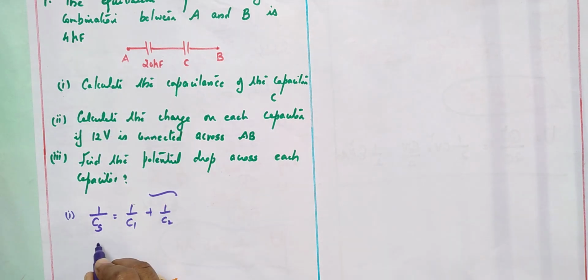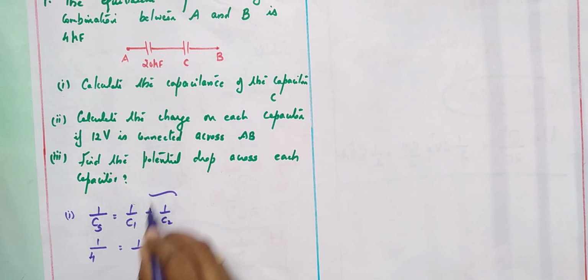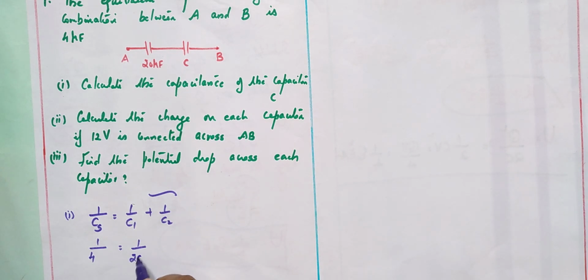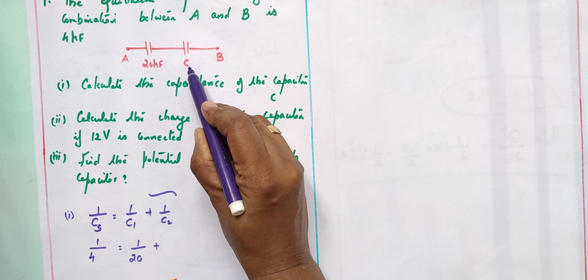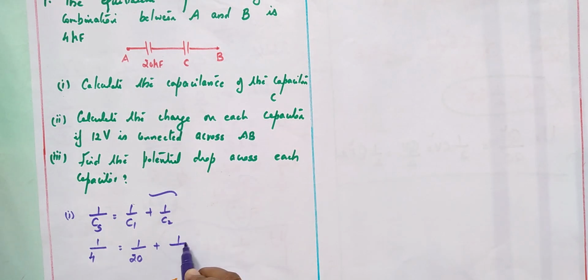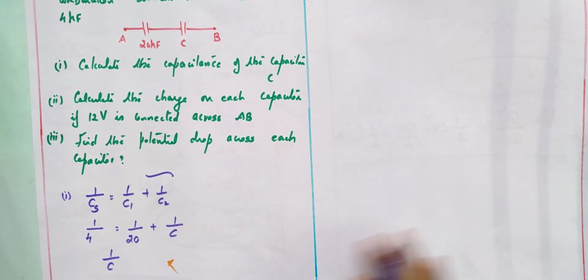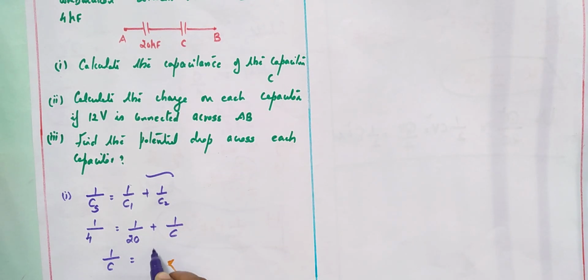So 1 by Cs is 1 by 4 microfarad. What is the first capacitance? The first capacitance is 20 microfarad, so 1 by 20, plus the second capacitance, whose value C we have to find out, so 1 by C. Simplifying, 1 by C equals 1 by 4 minus 1 by 20.